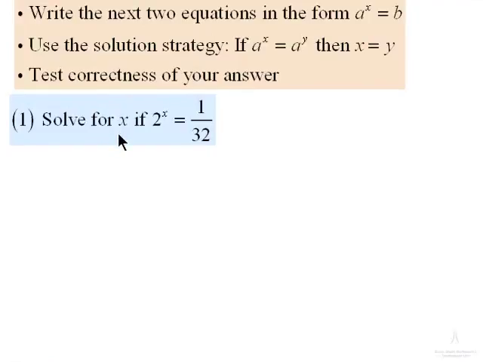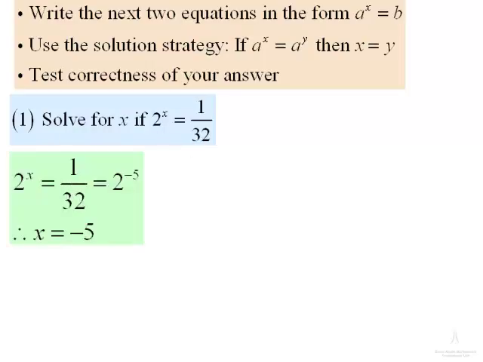So let's apply it to this particular case. My b in this case is 1 over 32. So I need to write this in the form 2 to a certain power. Now, of course, 32, you can use your calculator and you'll see that it's 2 to the power 5. So we get 2 to the power minus 5. So therefore the bases are the same.